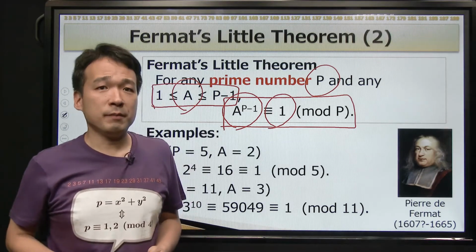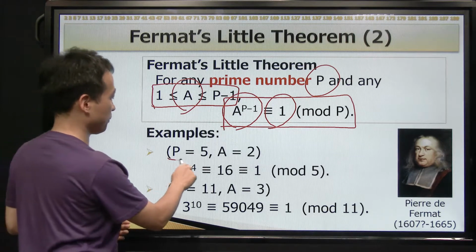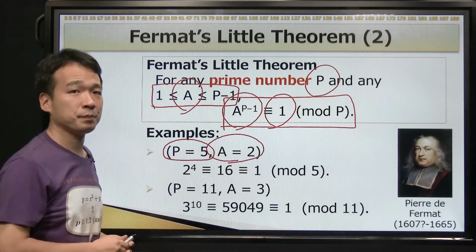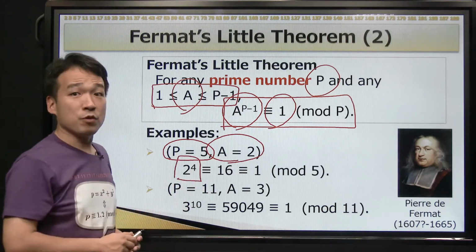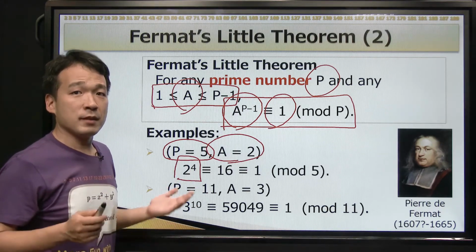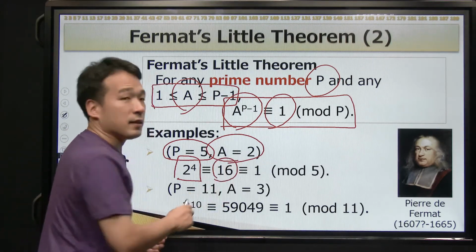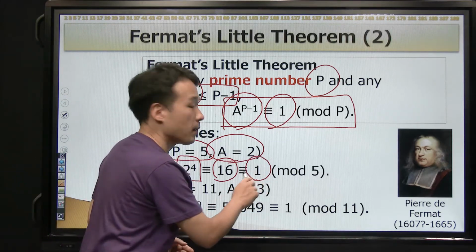For example, if p is 5 and a is 2, the fourth power of 2 is 16, and 16 is congruent to 1 modulo 5.